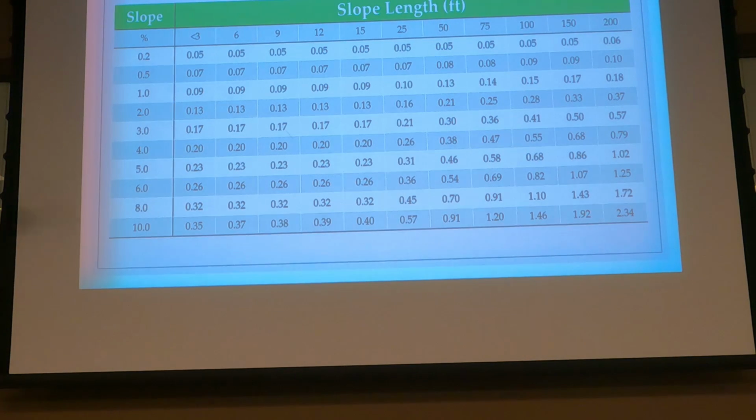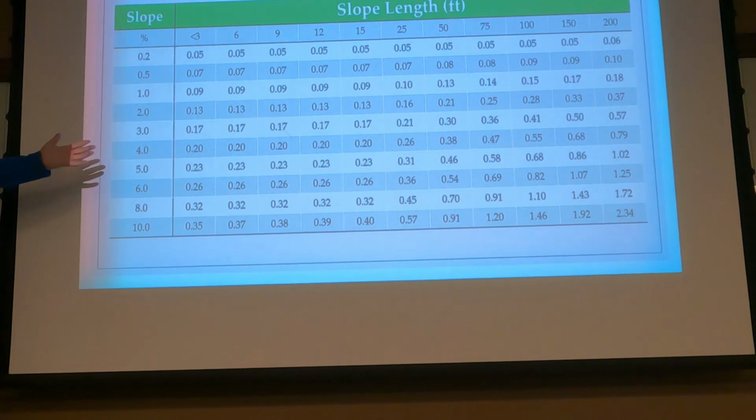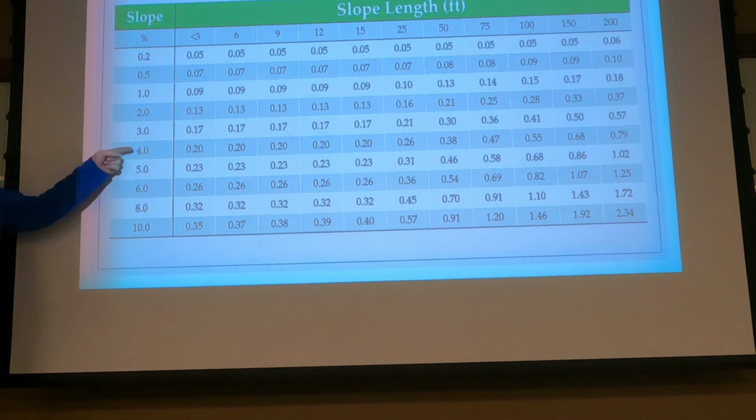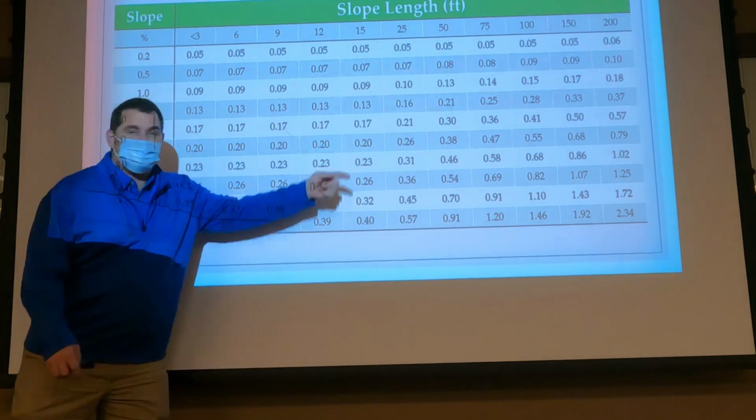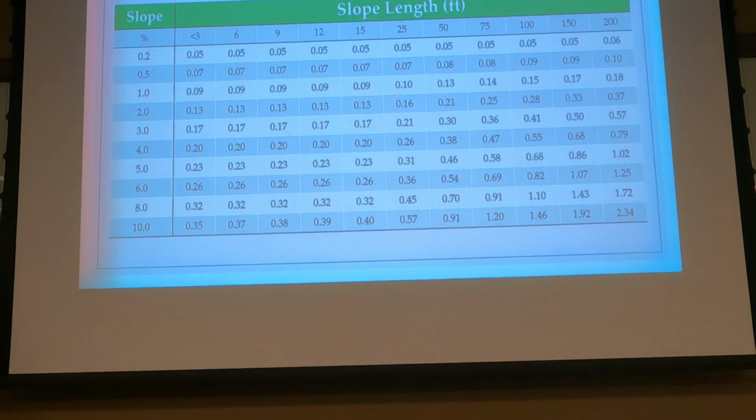So they set up these plots and determined all of these values. You'll just go to a table and find these. You could probably even Google what the LS value is for a 4% slope that is 15 feet long. It's just looking up a number.